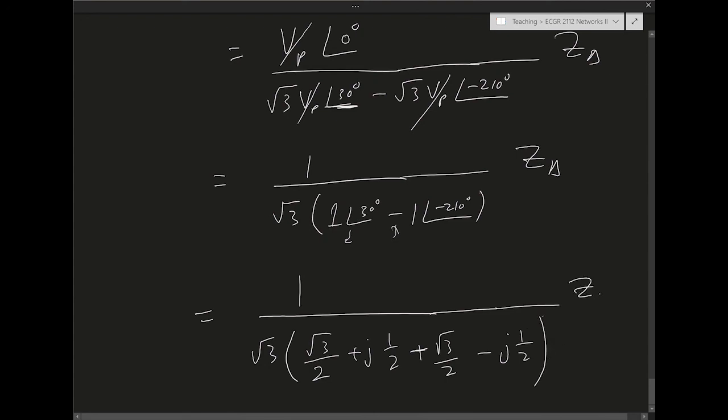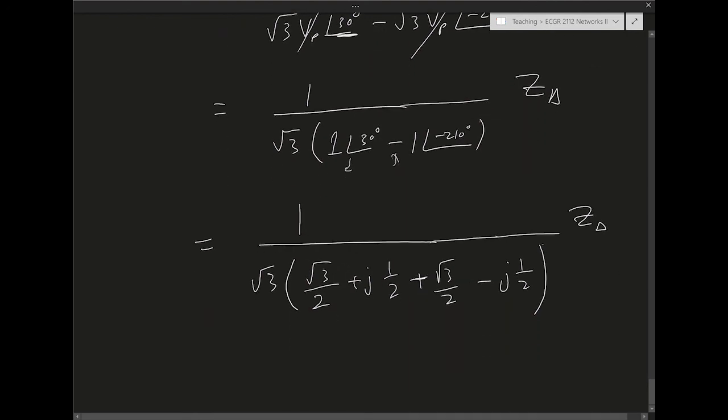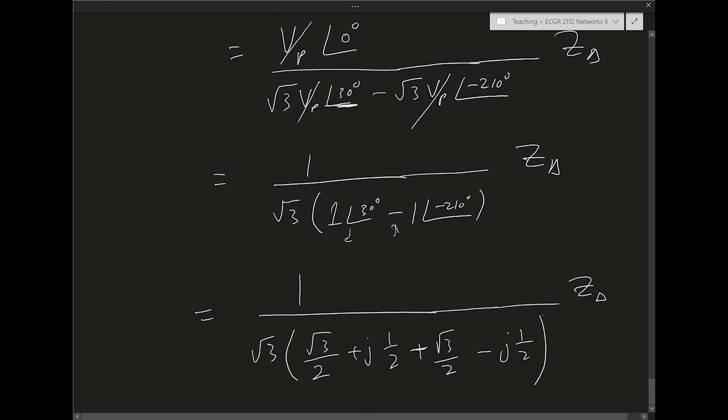Z delta. If you go to the calculator and do sine minus 210, you'll get half, and then there's a minus sign here, so this will turn into a minus.